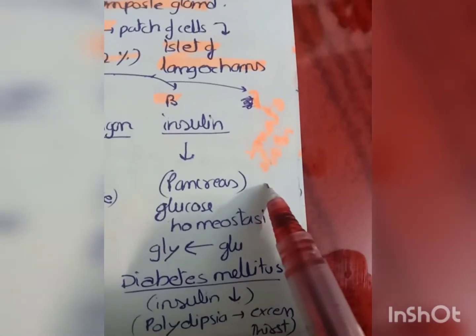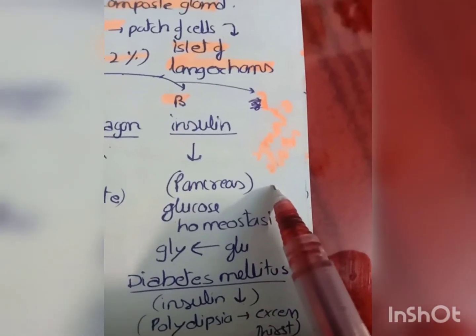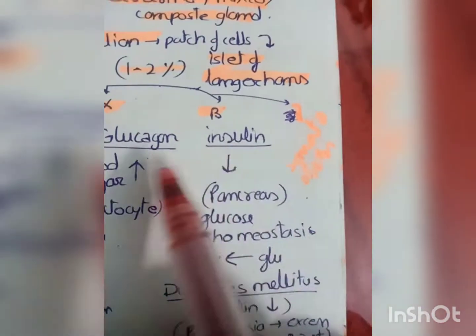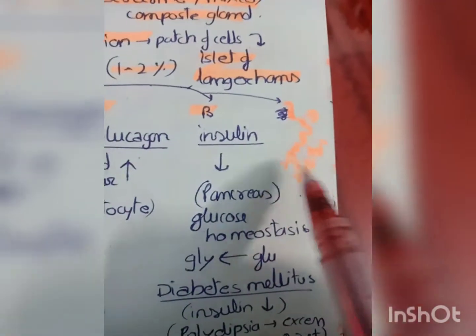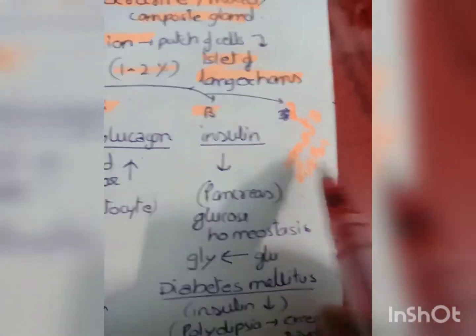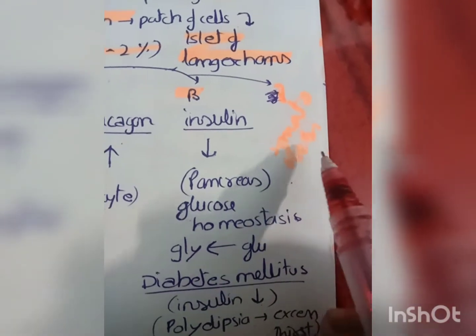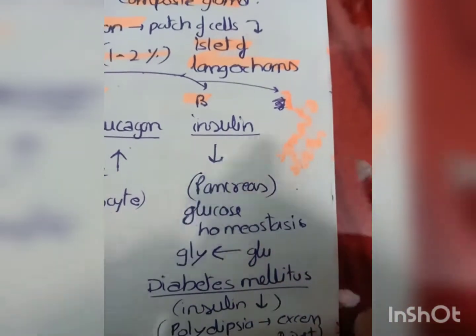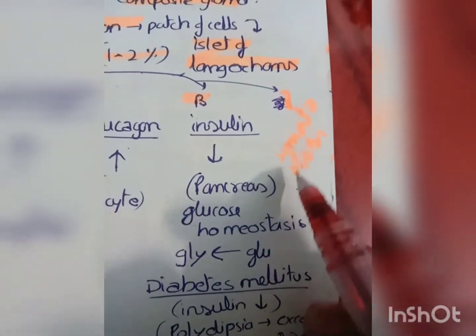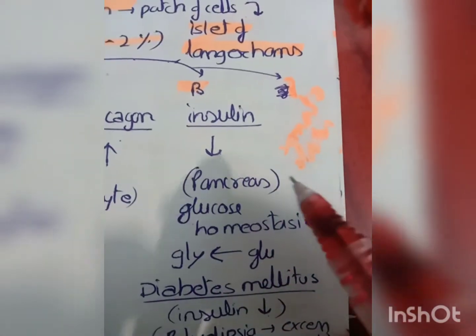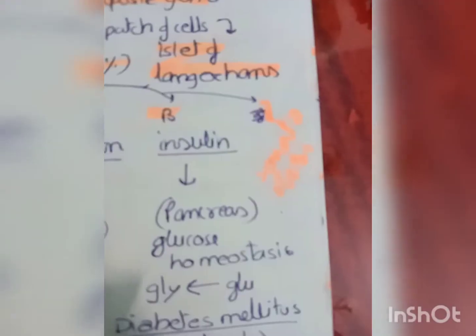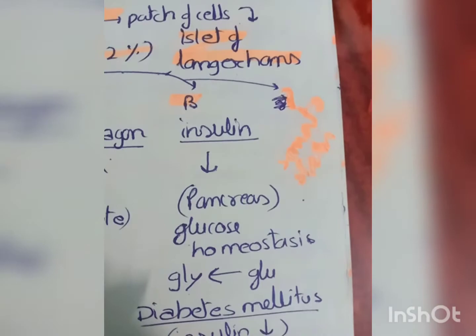Somatostatin has a unique function: it regulates both of these cells, and it has a negative feedback on our digestive system. It is responsible for inhibition of our digestion, so it inhibits digestive secretion.